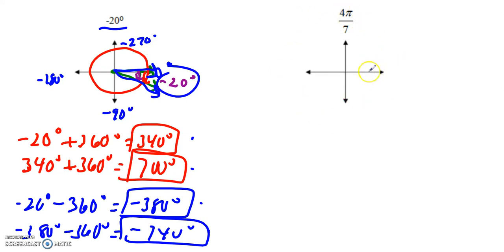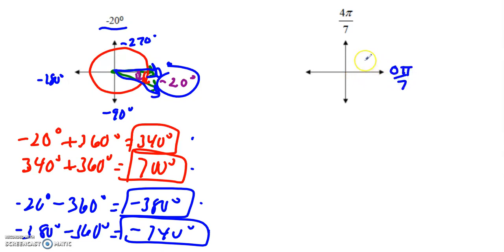So we know that this side is 0, or eventually if you work your way around is 2 pi. We know that this side is really pi. So if I have a denominator of 7, what I like to do before I even start graphing it is say this side is really 0 pi over 7, because that's where I'm starting.